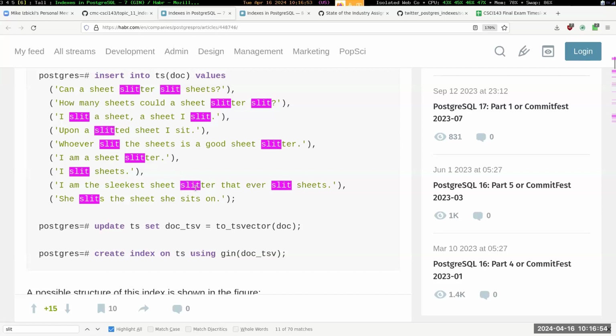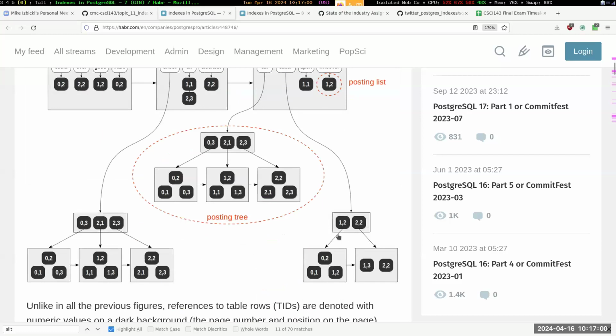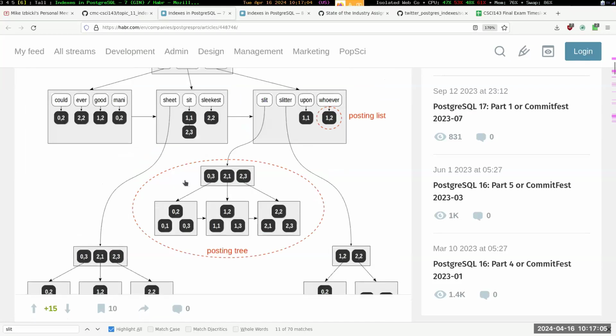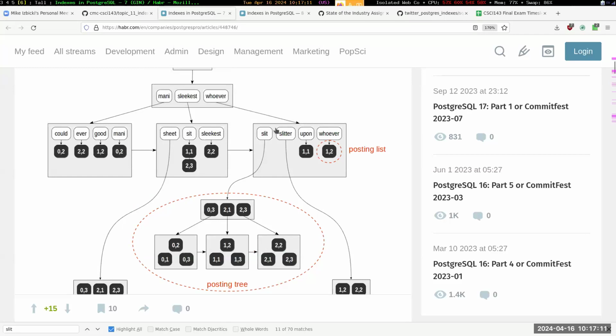This row here has slitter, and this one does not. So this one will be contained inside of this posting tree down here, whereas they will all be contained inside of this posting tree over here. So this posting tree is smaller than this one because slitter appears less in our data set than just slit by itself. So yeah, good point.